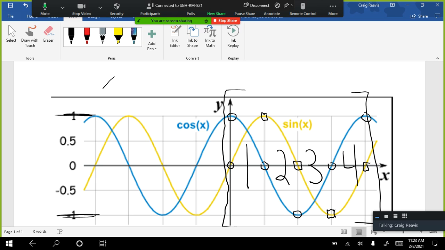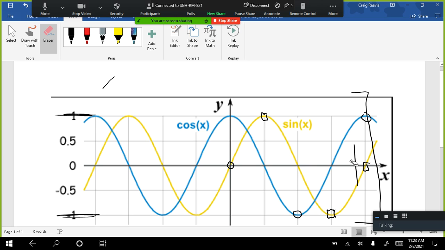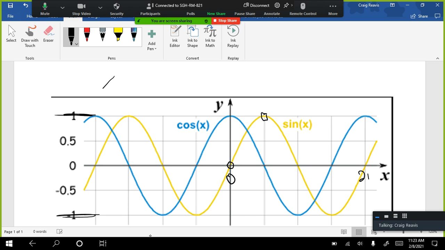And what we have, let's see if I can erase some of this stuff. And once again, on our standard, we've got 0. We've got 2 pi, which is 360 degrees. 0 is 0 pi and 0 degrees.